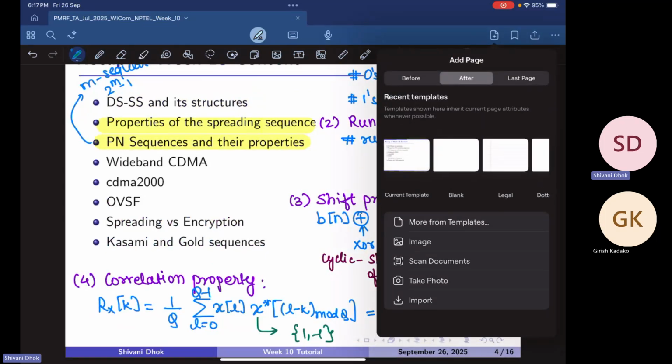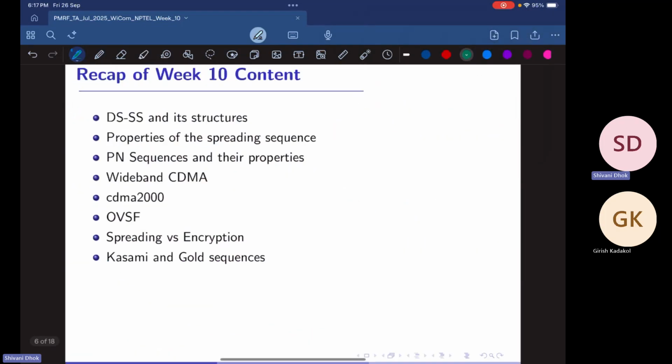After we looked at these properties of the sequences, then we looked at variations of CDMA. We looked at wideband CDMA, and then we also looked at CDMA 2000.